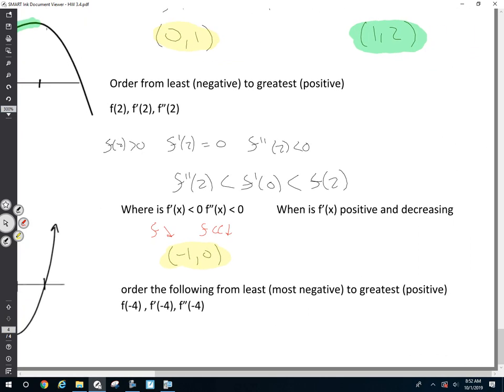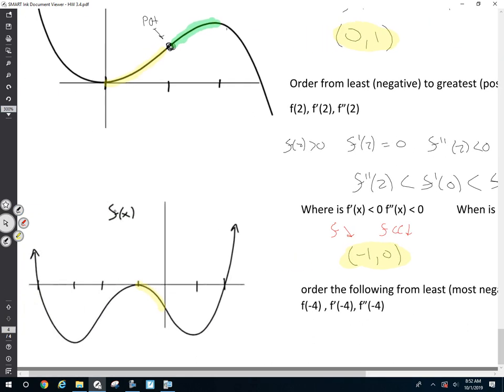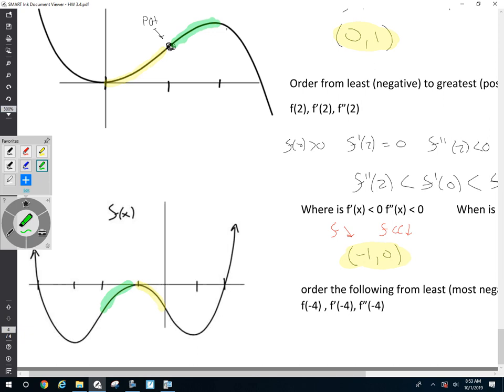When is f prime positive and decreasing? That means f is going to be going up. F prime decreasing means its derivative is negative. So f is concave down. When are we going up and concave down? It looks like we are going up and concave down here. It's not obvious. Going down, concave up. Going up, concave down.